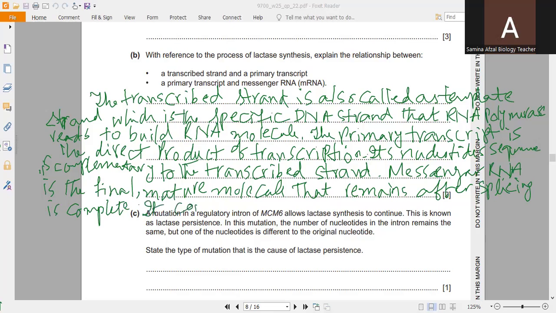It contains only the exons, which will be translated into polypeptide.